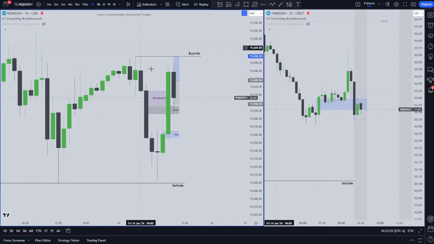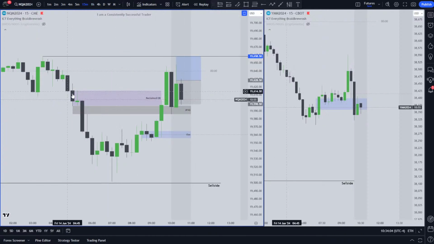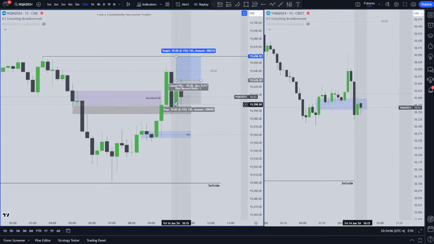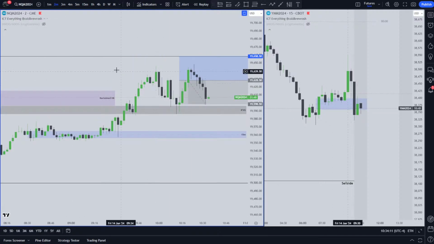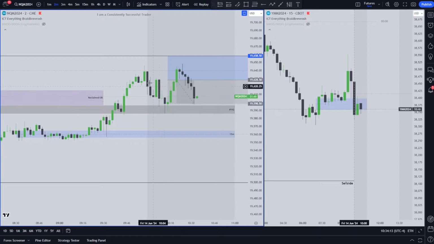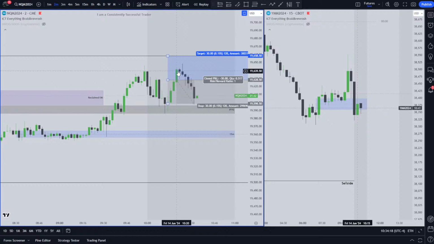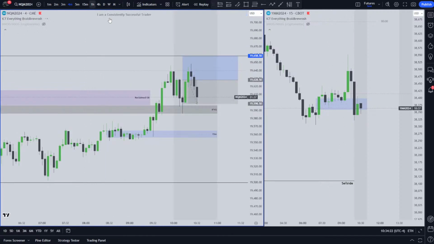If you couple that with the hourly, that the hourly's in this inverse, then moving down to the 15 minute, we've got our 15 minute PD arrays which we respected. We move down again to the time frame, we've got our liquidity sweep, we've got our impulsive leg, our displacement market structure shift type move that closes above our bearish PD array.